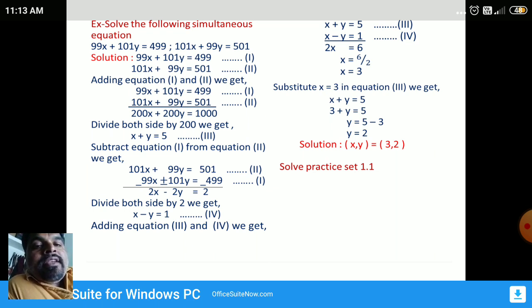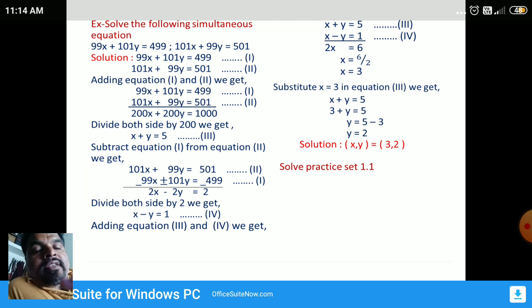The method is that first you add equation 1 and equation 2. We observe these two equations. In the first equation, the coefficient of x is the coefficient of y in the second equation, and the coefficient of y in the first equation is the coefficient of x in the second equation.